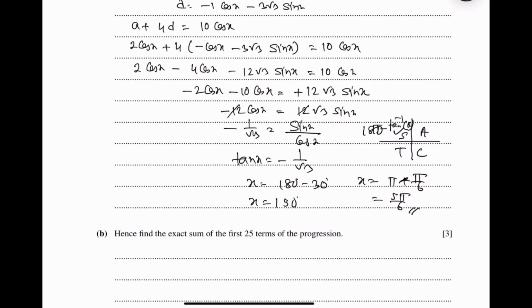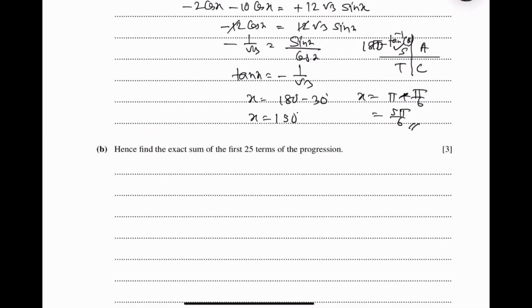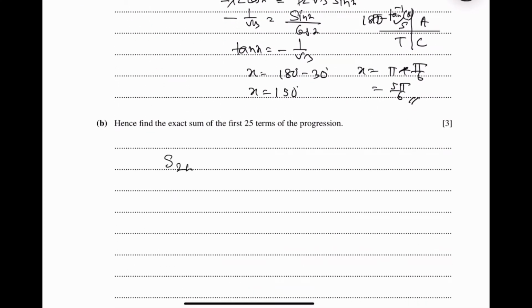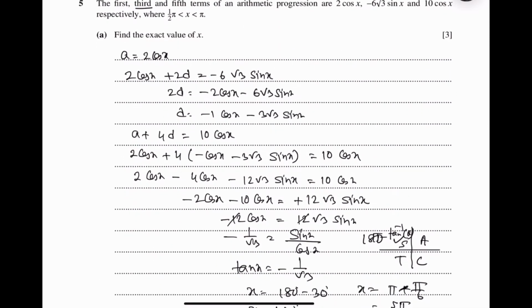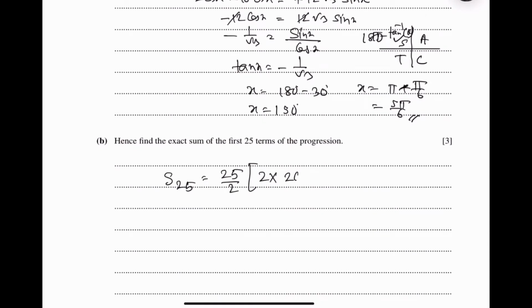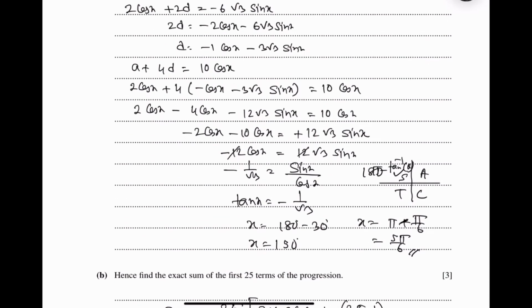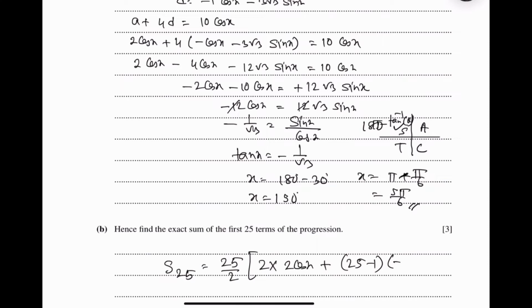Since this is an AP, we know the formula of S25 equals 25 by 2 times a, which is here 2 cos x, plus 25 minus 1, and the common difference is minus cos x minus 3 root 3 sin x. Let us simplify this one.